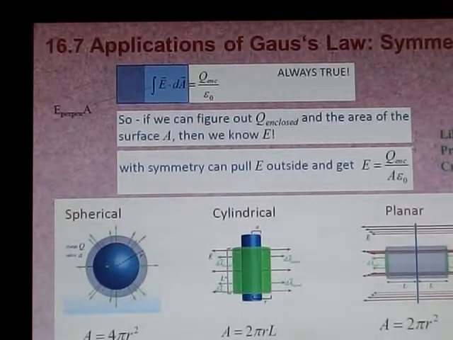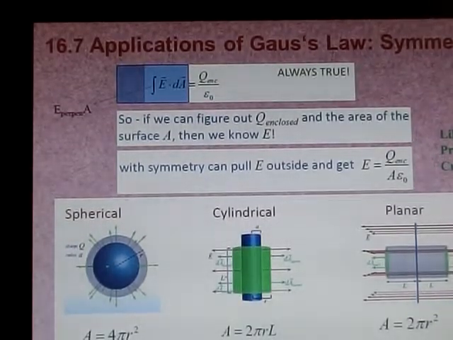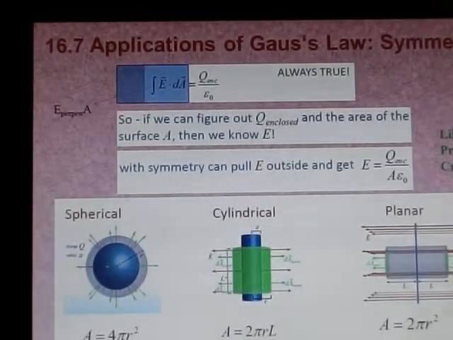So this is the question I was referring to, the flip-it question, where you are looking at a cubical Gaussian surface and you are given the charge enclosed, and you can find then the electric field because you know the surface area of your cube. Because of this symmetry in the geometry, you can find the electric field due to the charge enclosed.